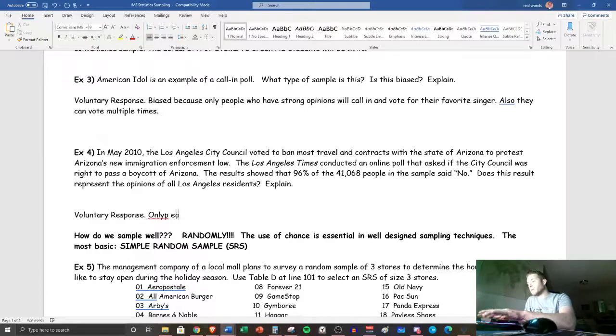Only people with strong opinions will respond, mostly. I'll say mostly people with strong opinions will respond, and this survey is an open invitation.